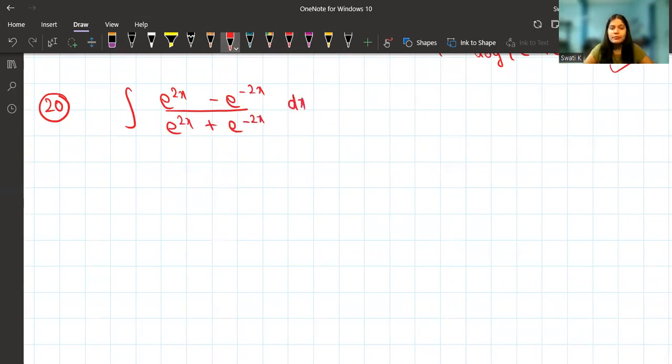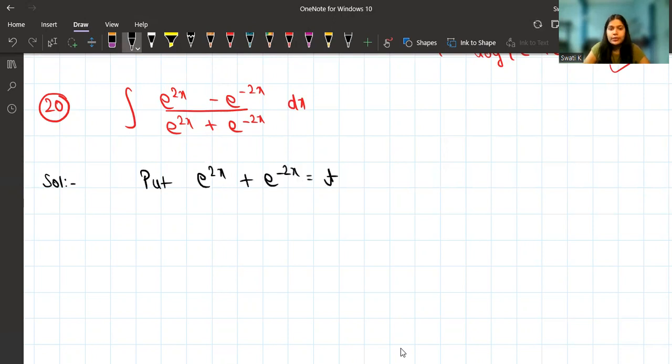So you need to simplify this here. You can see that this is almost similar to what we did just now. Already simplified form is given, so you can directly put e raised to 2x plus e raised to minus 2x as t.